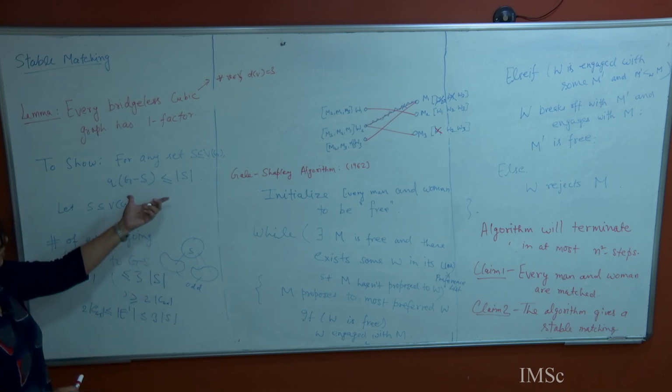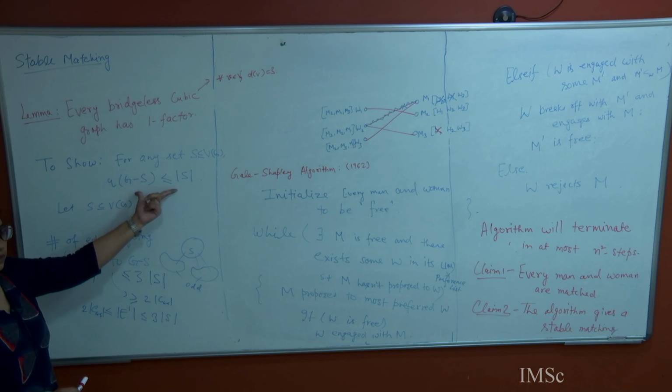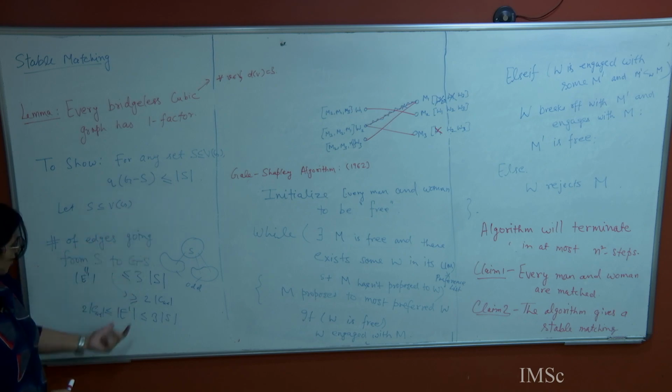What we want to prove? We want to prove this, right? So let's remove this and put something else. We just want to look at the odd components.